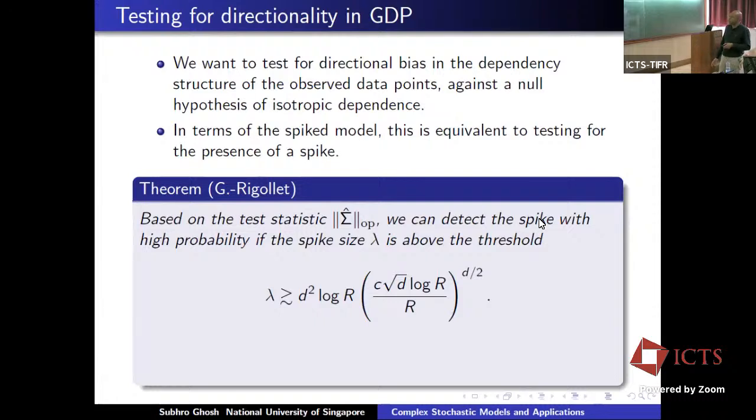Here this threshold is of this form, and it looks a bit complicated because it is written in terms of D and R. But if you have an observation window of radius R in D dimensions, then the number of points N is roughly of the order R to the D. If you look at the denominator, it's R to the 1 over R to the D by 2, which is 1 over square root N. So if you interpret this in terms of N, you will see many of the usual parameters in the rates of parametric statistical models starting to appear.